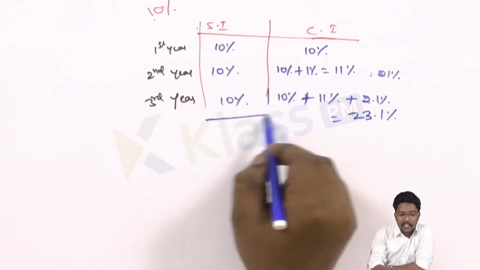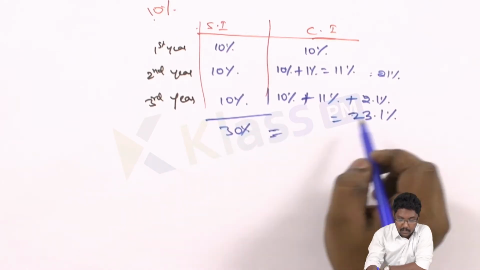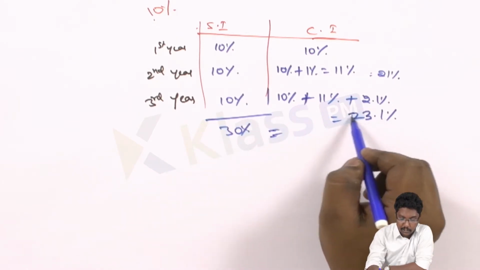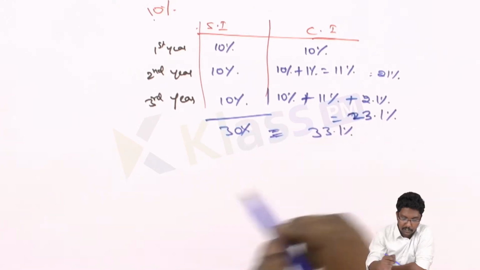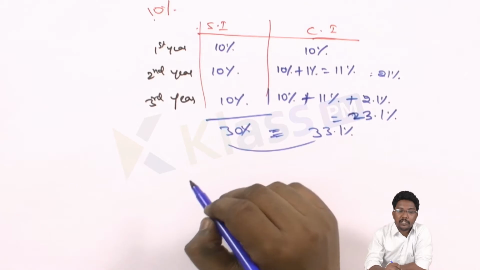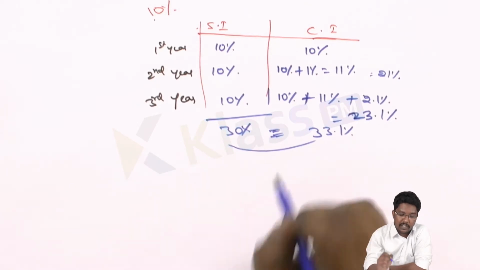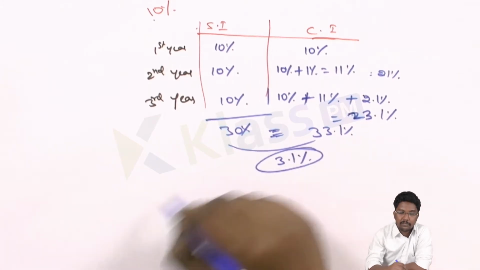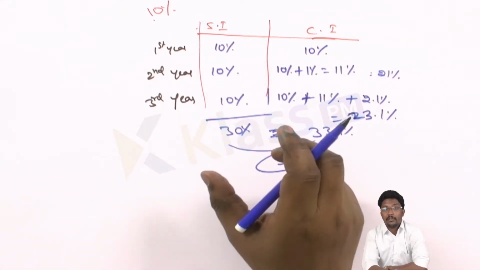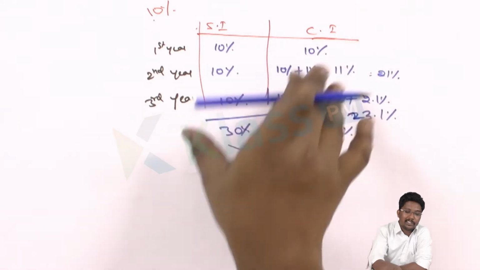So overall for 3 years it is 33.1%. This means the difference between simple interest and compound interest for 3 years at the rate of 10% per annum is 3.1%. So the values will change based upon your rate of interest. It is not a standard value.